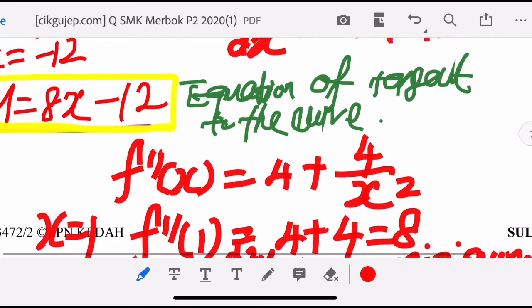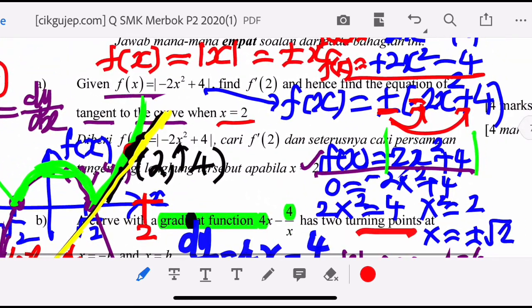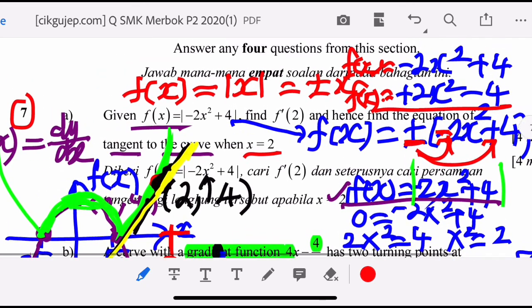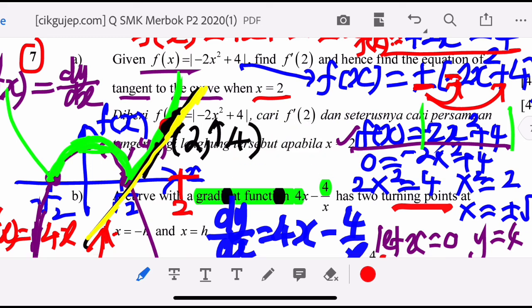Alright, so this one is about differentiation and also the curve. So actually it's not easy because you need to understand thoroughly the modulus graph, and then you need to understand what is gradient of tangent, right?